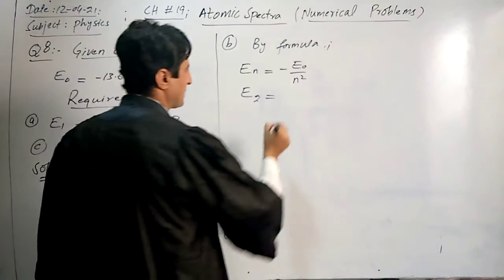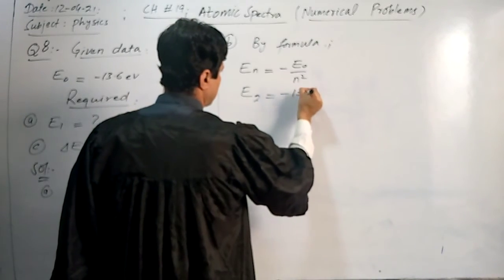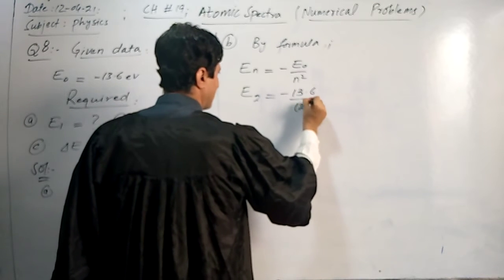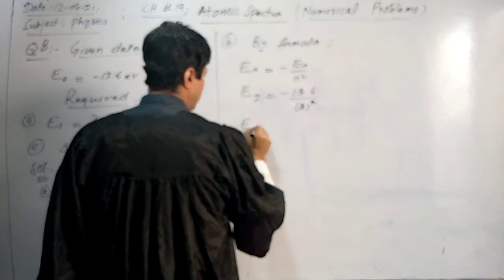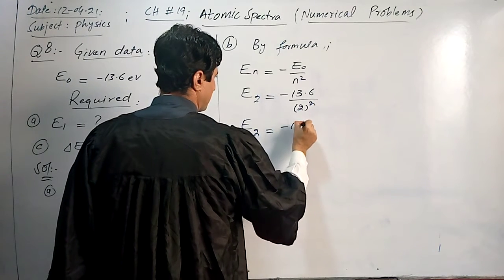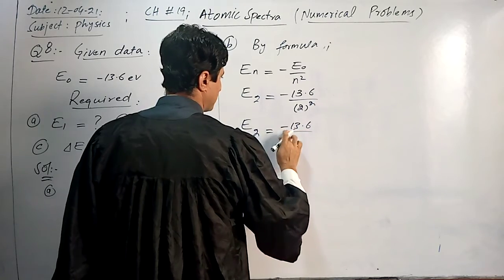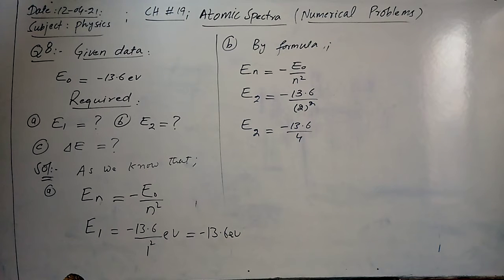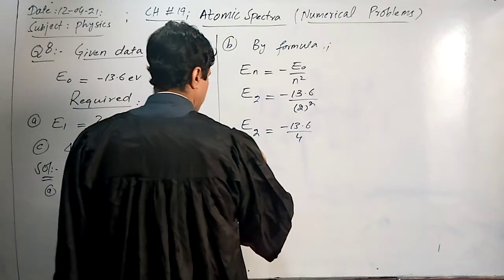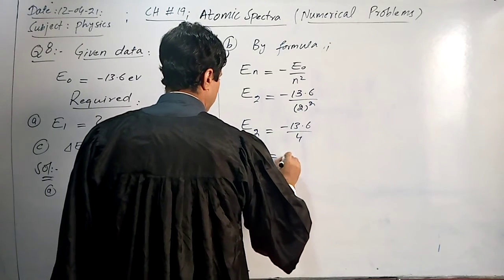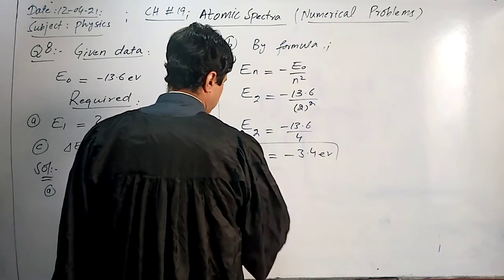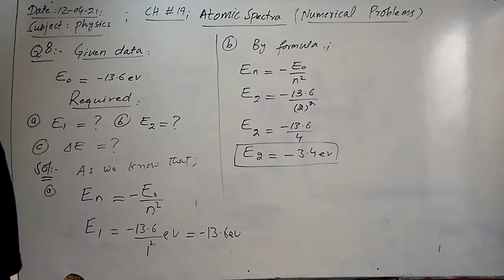Minus 13.6, divided by 2 square. So E2 is equal to minus 13.6 divided by 4, and we get minus 3.4. So E2 will be equal to minus 3.4 electron volt. This is the energy associated with the second orbit of hydrogen atom.